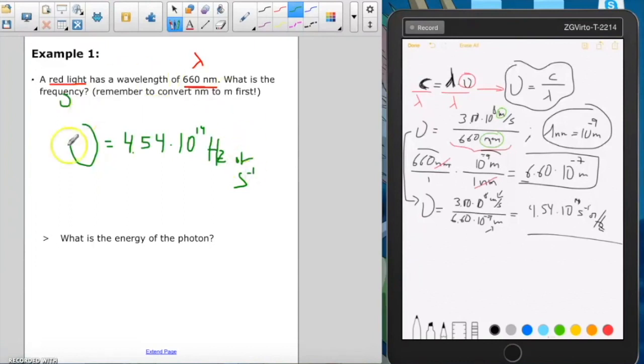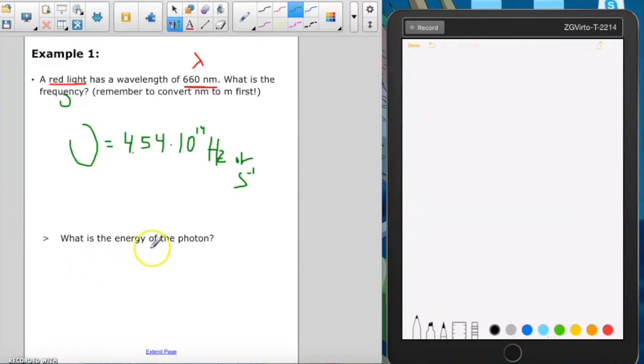Okay, so now that we know the frequency, the next question is, what is the energy of the photon? All right, so I'm going to erase this. Now we're going to calculate the energy of the photon. Something that you need to remember is the equation for the energy of the photon, which is the energy of that red light.